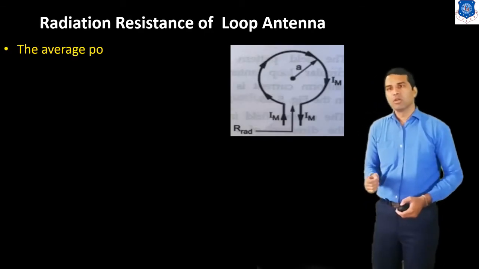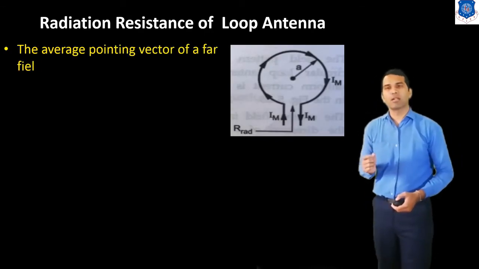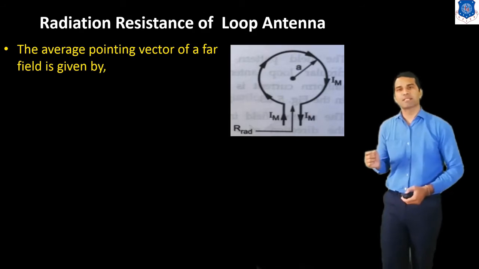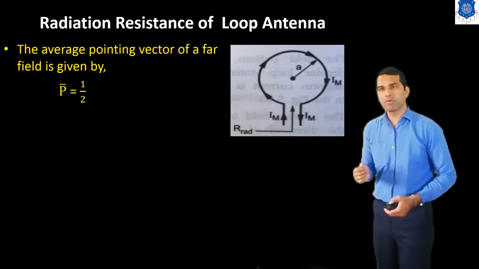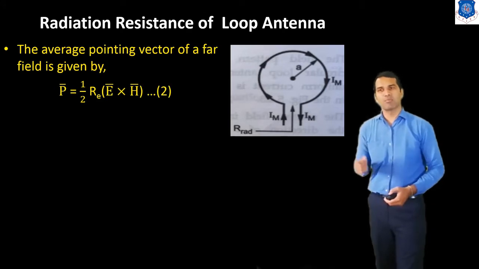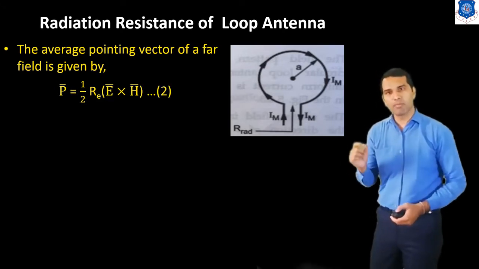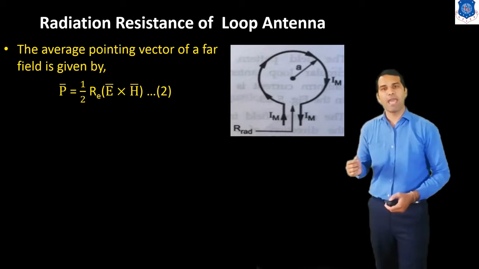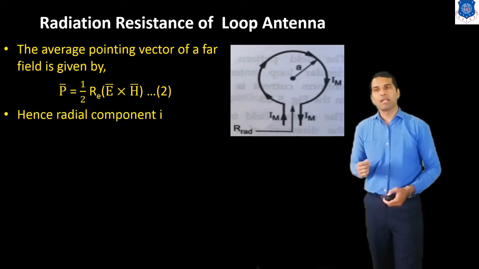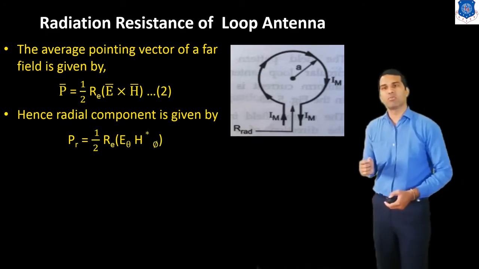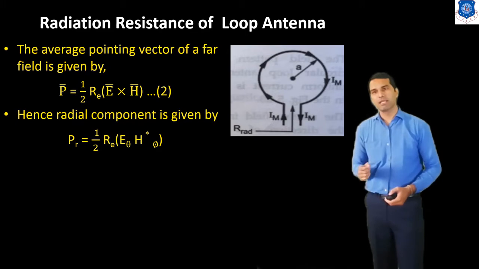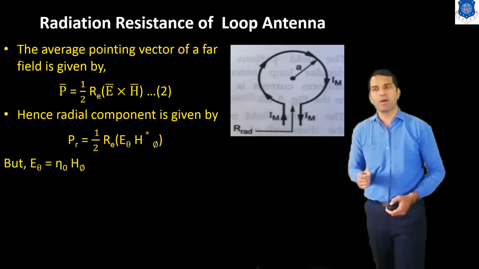Now the average Poynting vector of the far field is given by, we know what the Poynting vector is, P is equal to 1 by 2 real part of E cross H. Hence, the radiation component, that means power radiated, is PR equal to 1 by 2 real part of E theta into H phi.